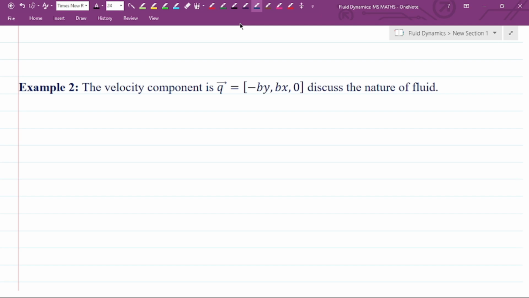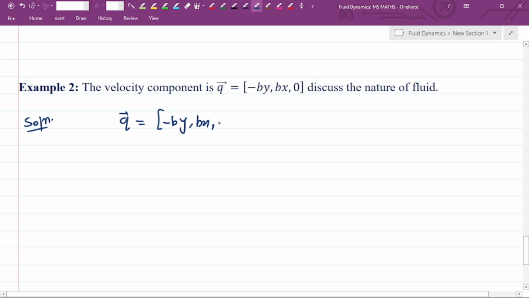So q vector is minus by, bx, 0, which represents minus by i cap plus bx j cap plus 0 k cap. This is the velocity.